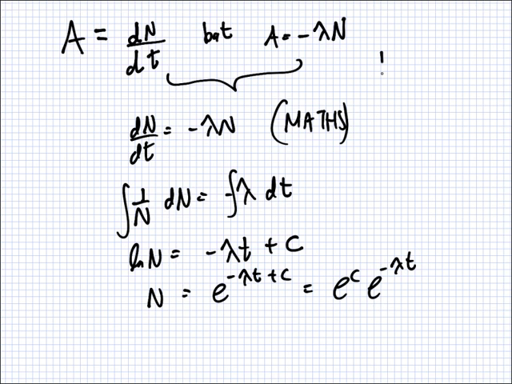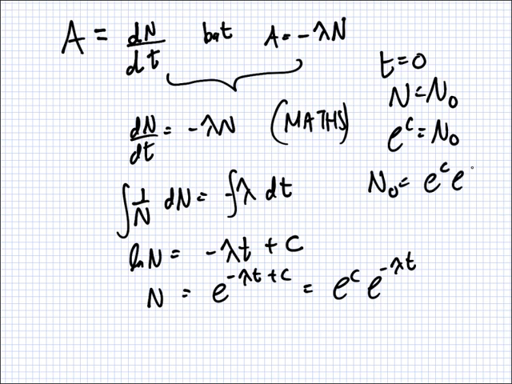Now, if we say that when t is 0, N equals N0, that means e^c equals N0, because N0 equals e^c times e^0. So you get N equals N0 e^(minus lambda t).